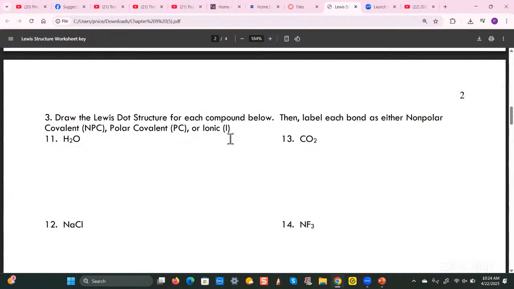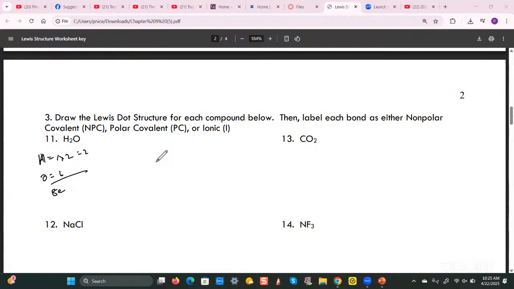In the case of water, that's pretty easy if you go through the steps we described earlier. Hydrogen will contribute 1 times 2, oxygen will contribute 6, giving a grand total of 8 electrons.